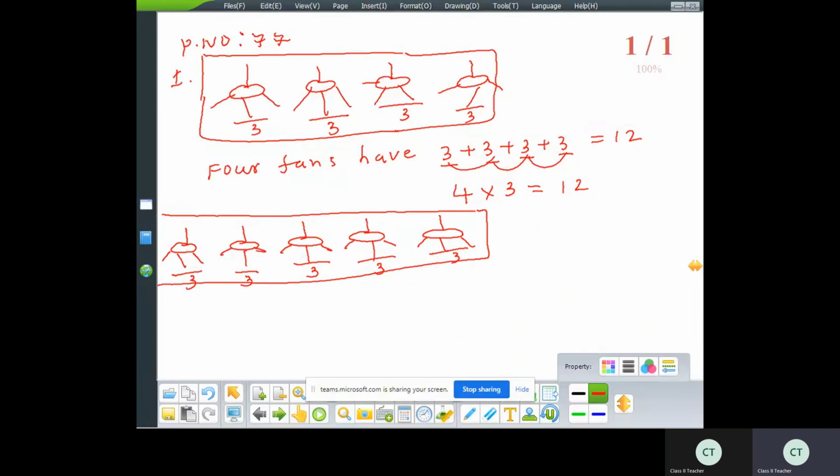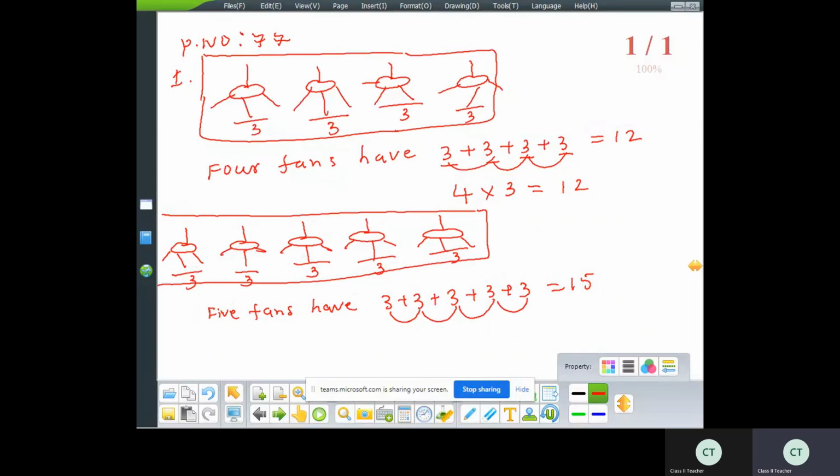5 fans have 3 plus 3 plus 3 plus 3 plus 3. 3 plus 3, 6. 6 plus 3, 9. 9 plus 3, 12. 12 plus 3, 15.